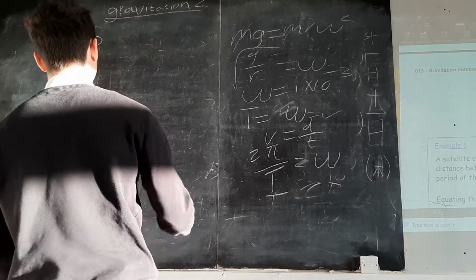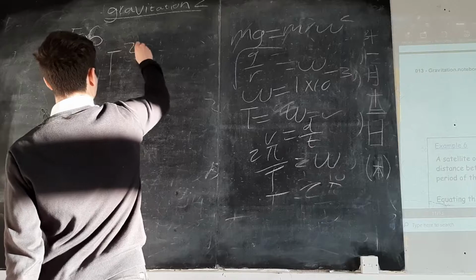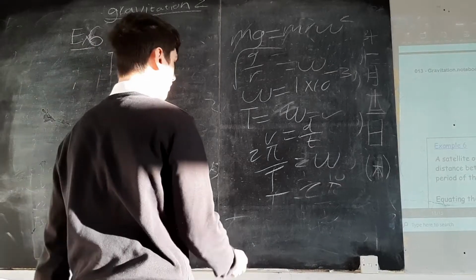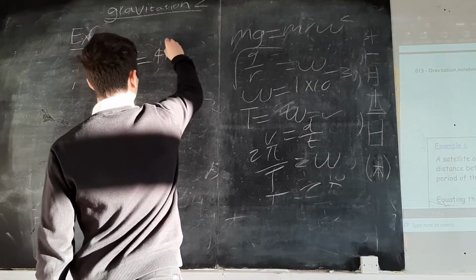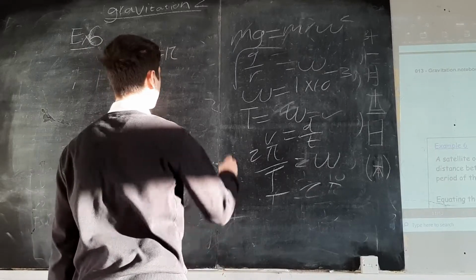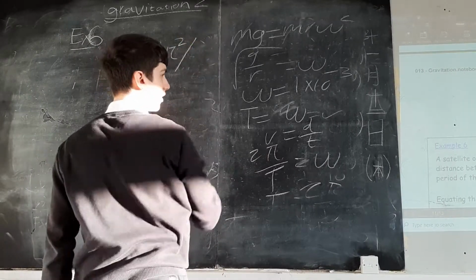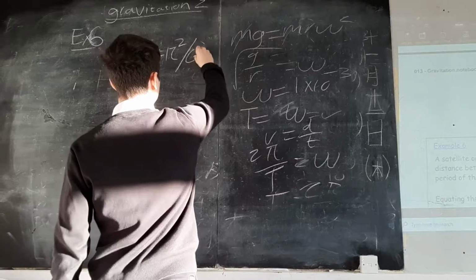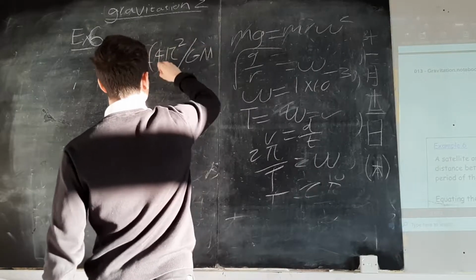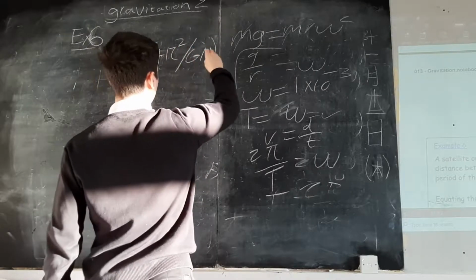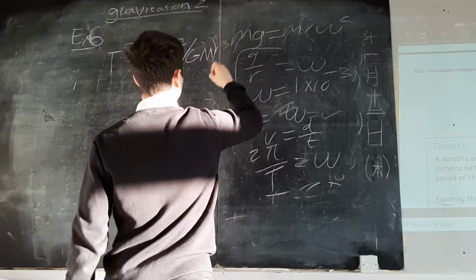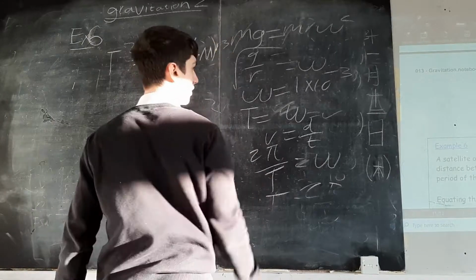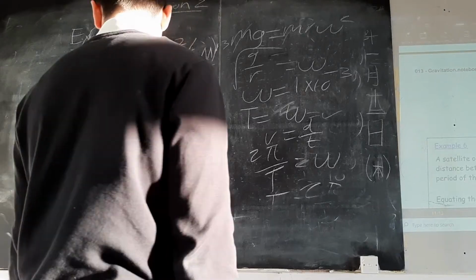Show that T squared equals 4 pi squared divided by GM multiplied by R cubed. That's a lovely R cubed.